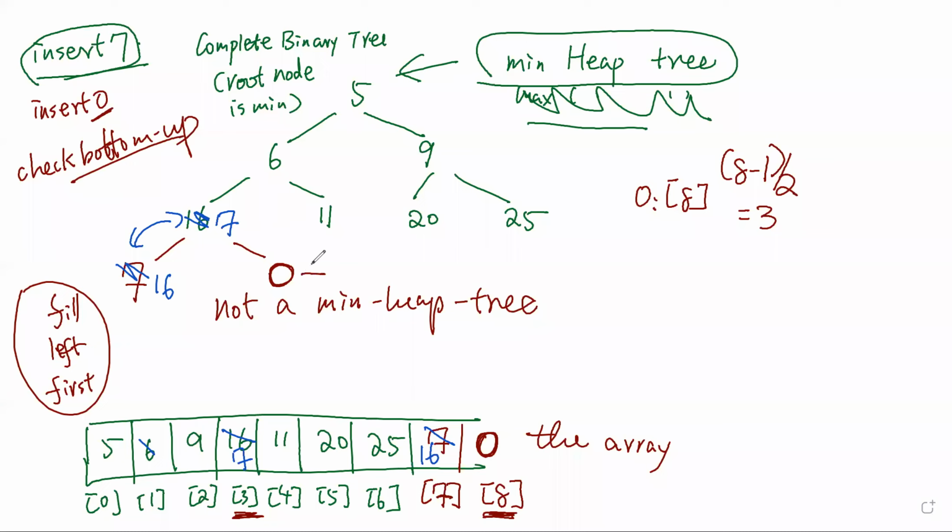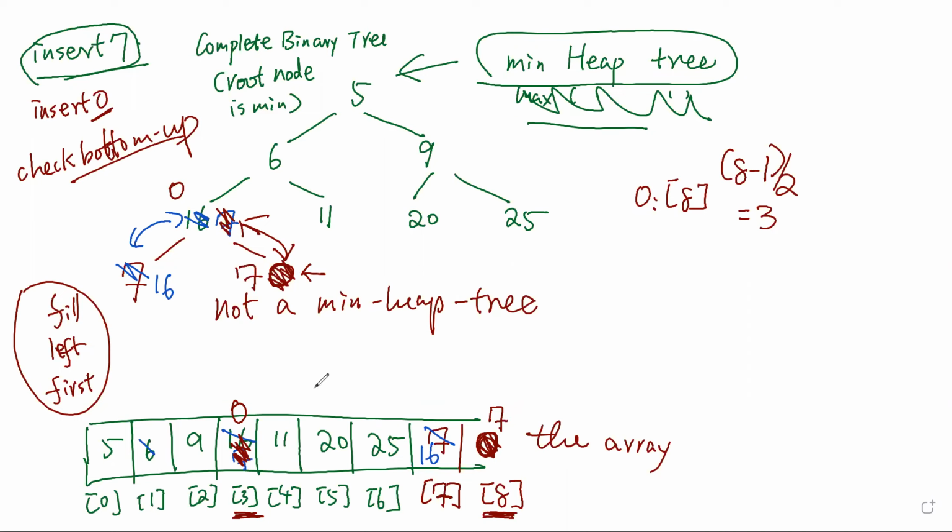You start at the new node and compare with its parent. Definitely it's not, so you need to swap. So now I make 0 here and 7 here.